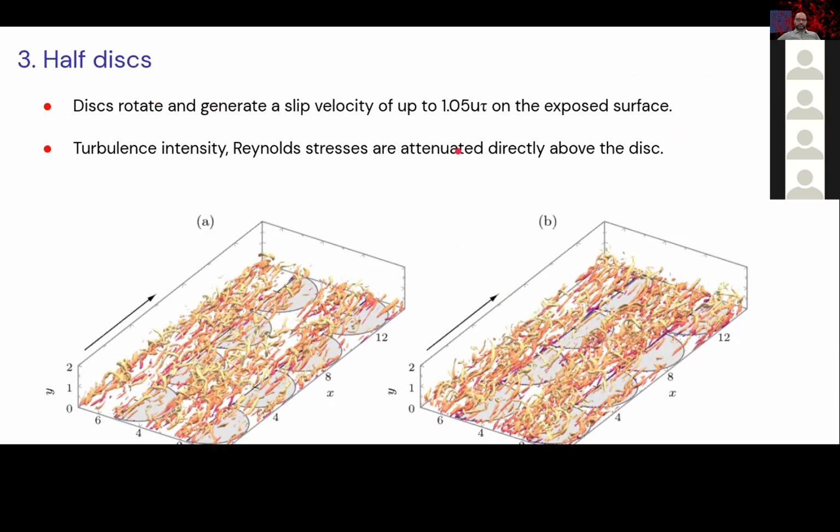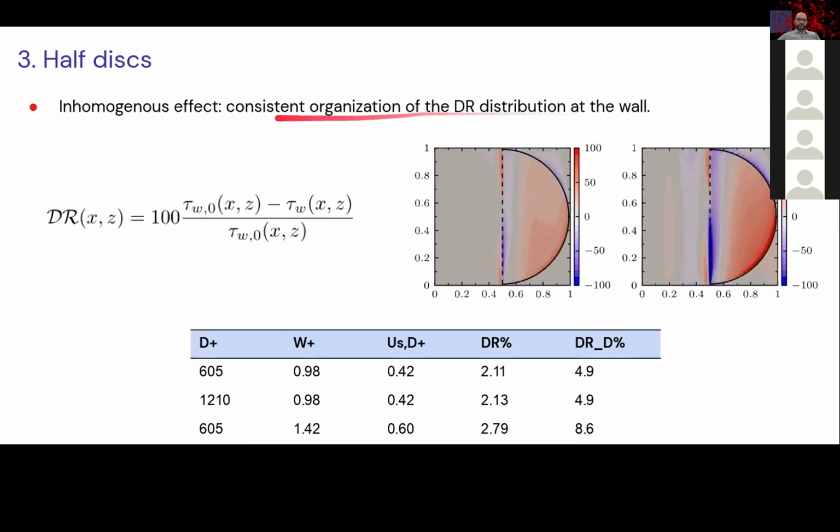And the disks do rotate under the action of the mean shear, up to a slip velocity of about 1 friction velocity on the exposed surface. So these are some of the results. These are two best cases. Here we find a map of the local drag reduction, and we can see that the drag reduction distribution is inhomogeneous.